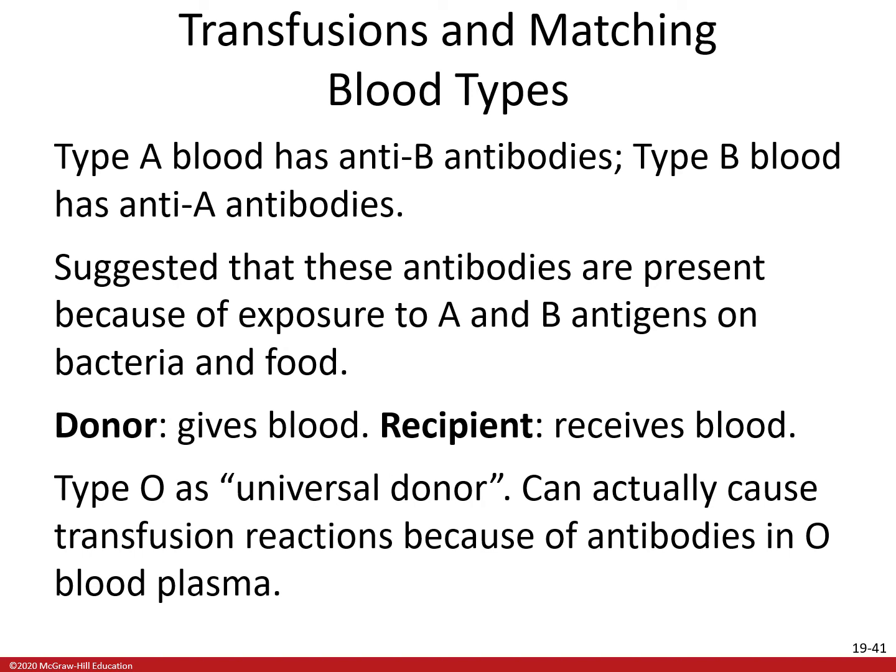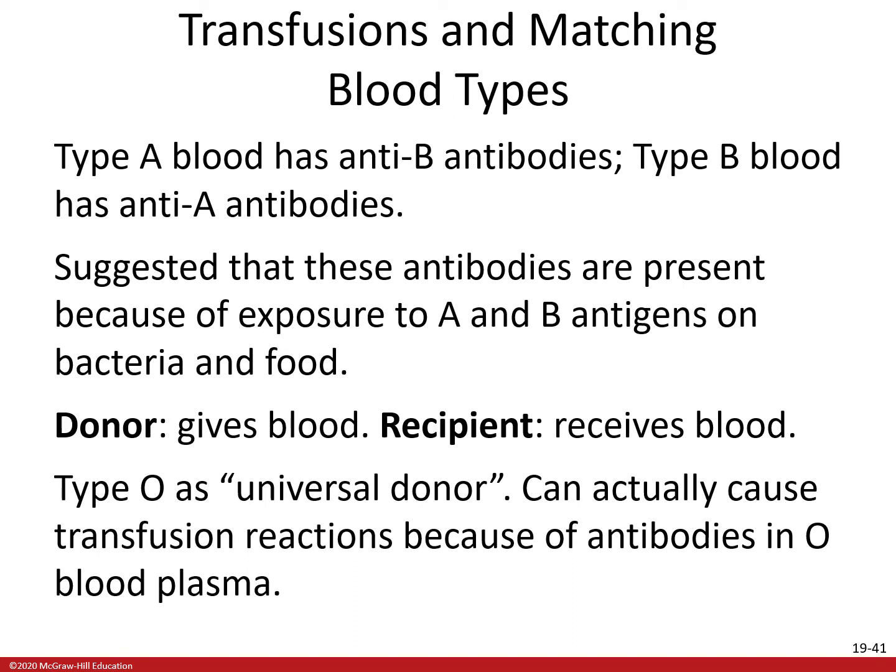As we said before, donors give and recipients receive. Make a little note here that type O is the universal donor, but I want to make a little correction to this slide. O negative is the universal donor, and we'll talk about why in just a moment.